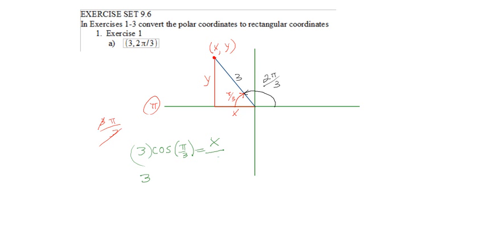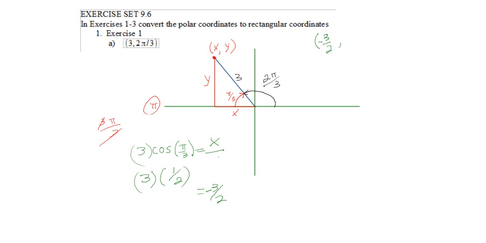Well, you should know your little table. The cosine of pi over 3 is 1/2. So 3 times 1/2 is 3/2. Now, is this positive or negative? Remember, if x is negative, the cosine will be negative. So in this case, x is negative. So my rectangular coordinate for x is minus 3 over 2.